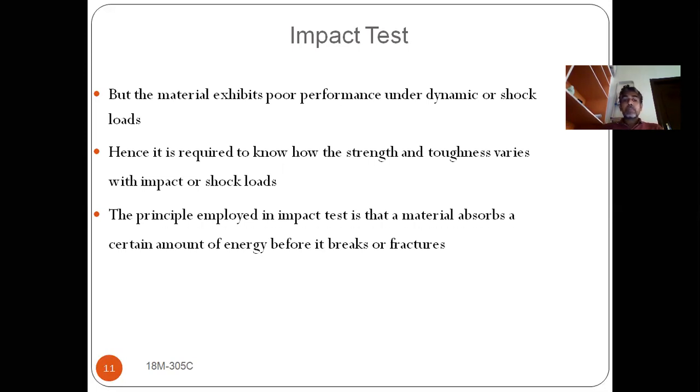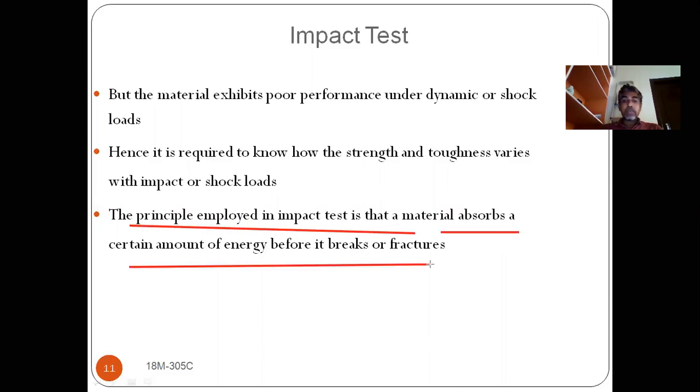The principle implied in the impact test is to observe the amount of energy a material absorbs before it breaks or fractures. Which principle is used to find out the impact strength? This is the principle generally used: the material absorbs a certain amount of energy before it fractures or breaks.